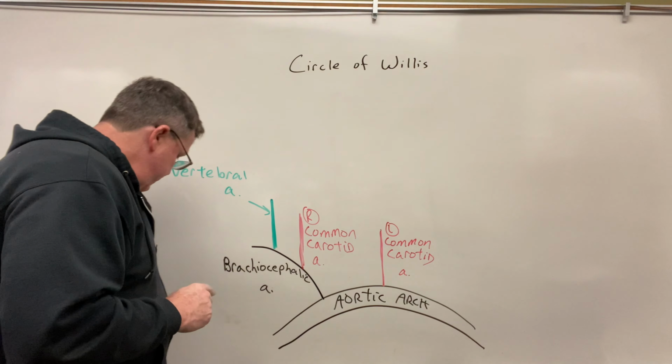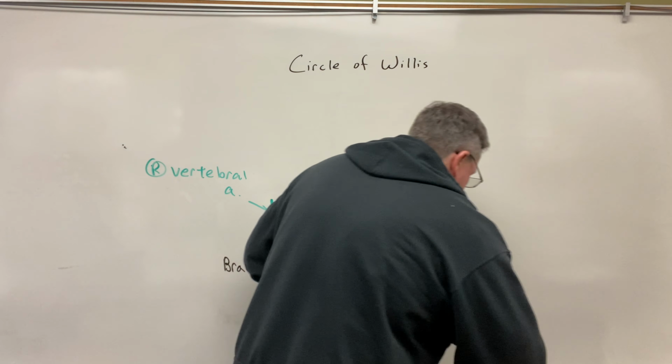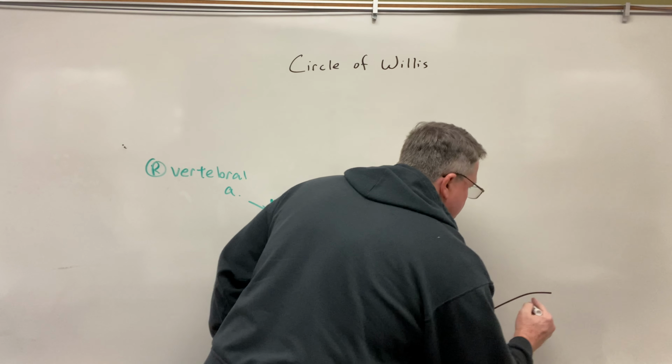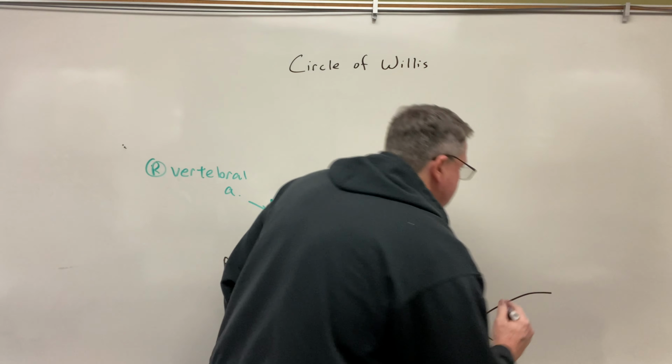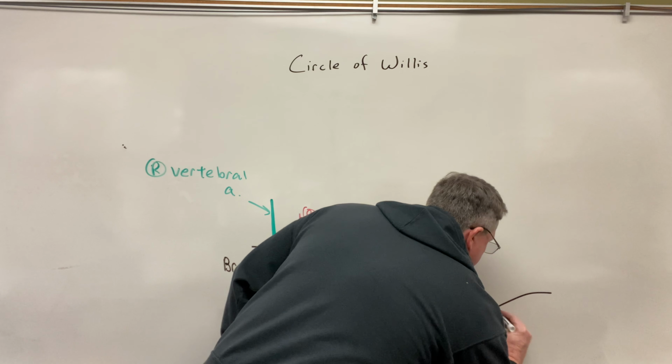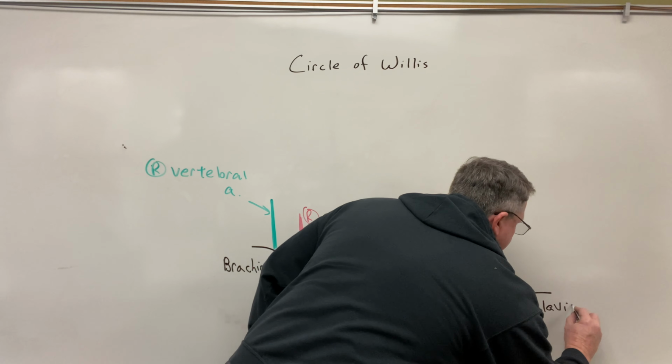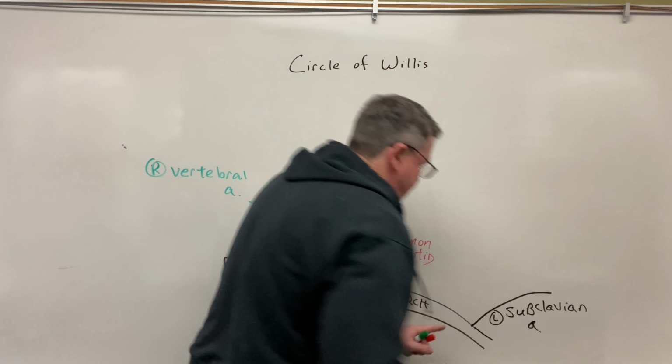Now, on the other side, we are going to have an artery that comes off the aortic arch, and this is called the left subclavian artery. And this is not going to play a role other than the fact that I'm just showing it coming off of there.